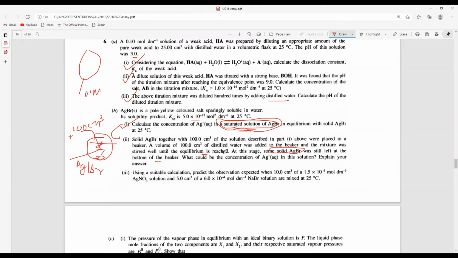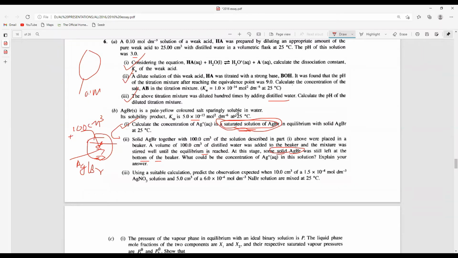Although you add some solid AgBr and you add water, if you still see some solid left in the container, which means there is solid AgBr, that gives you the idea the solution is still saturated. If the solution is still saturated, the solubility of AgBr is still the same because it is not going to change.